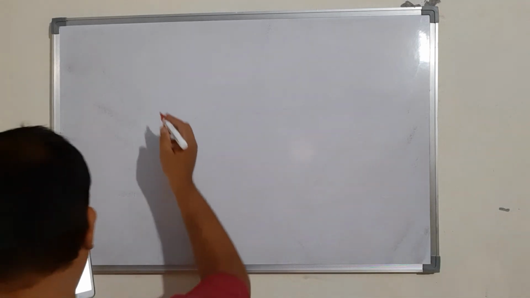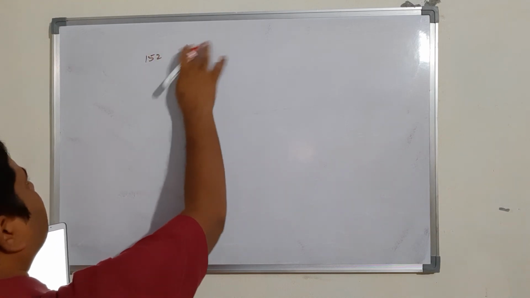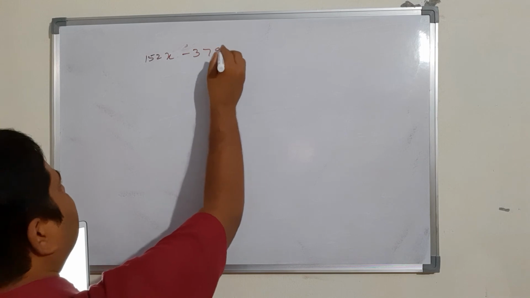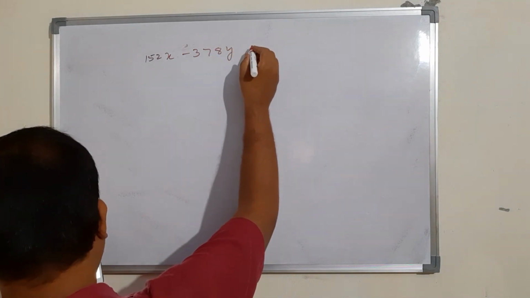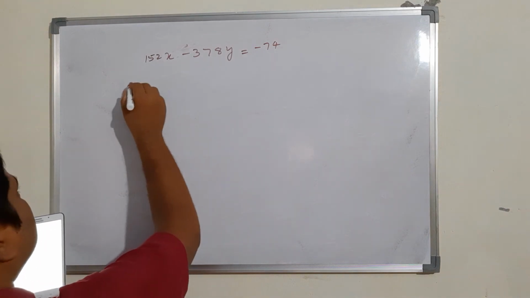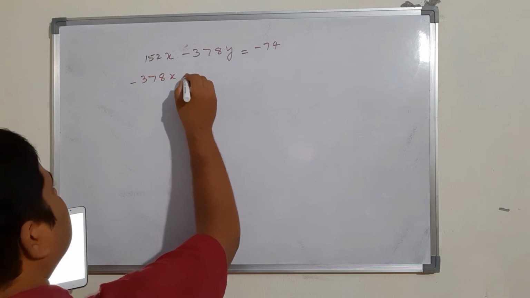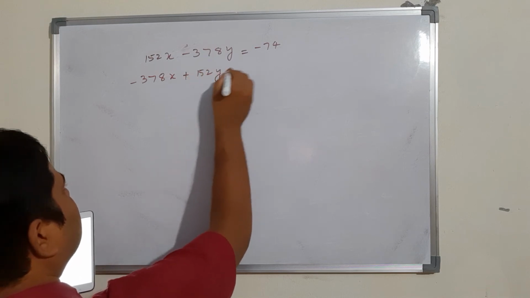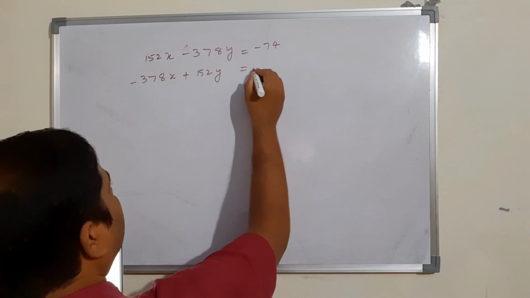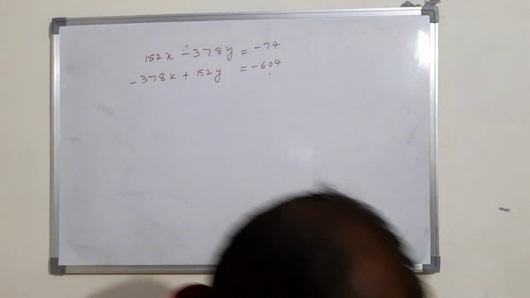This is a very important question. 152x minus 378y is equal to minus 74, minus 378x plus 152y is equal to minus 604. See, this is a very tough question.